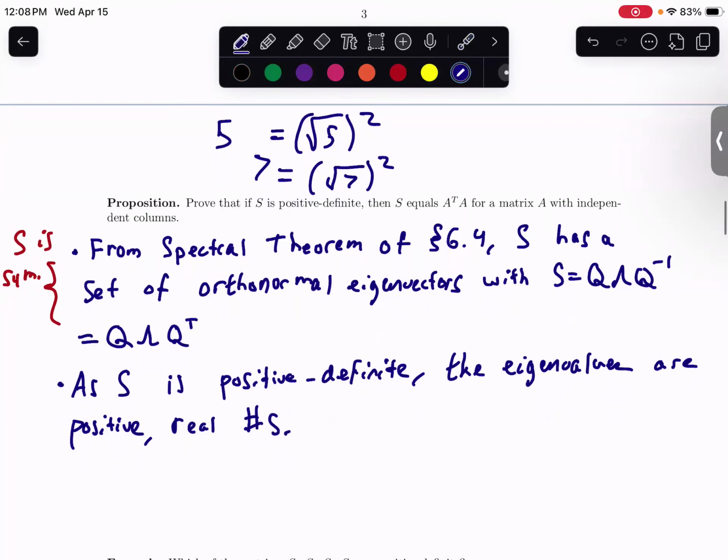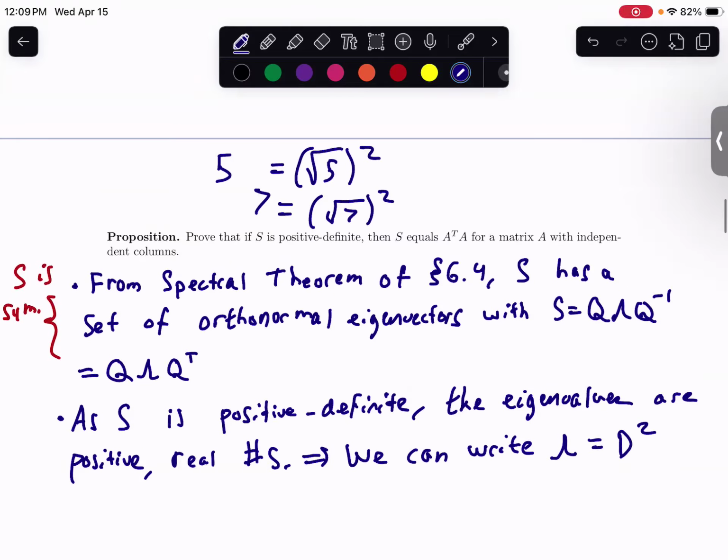And so what this means is this is going to imply that we can write lambda as being equal to D squared, right? Where D is some diagonal matrix that's really just consisting of the square roots of your eigenvalues.